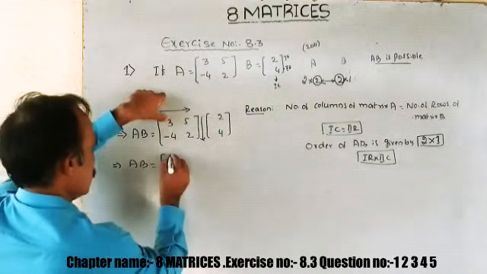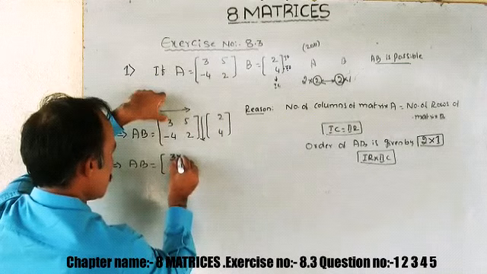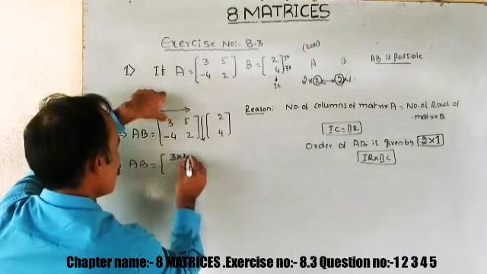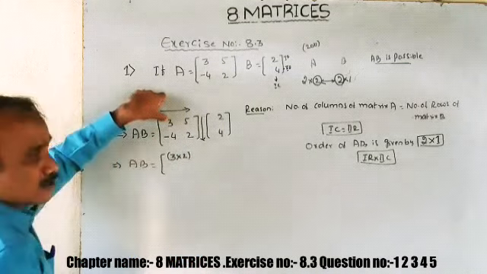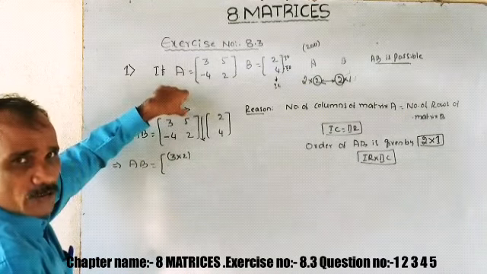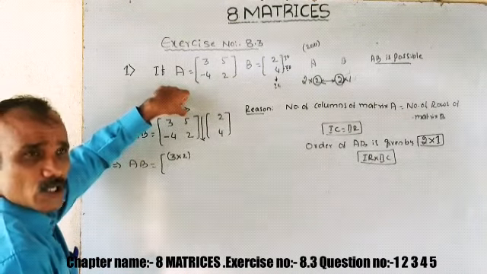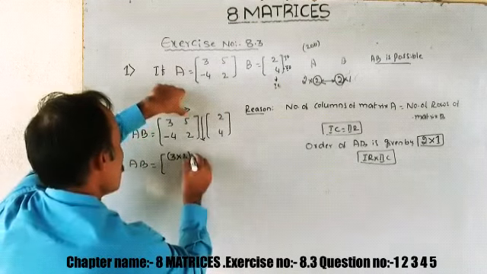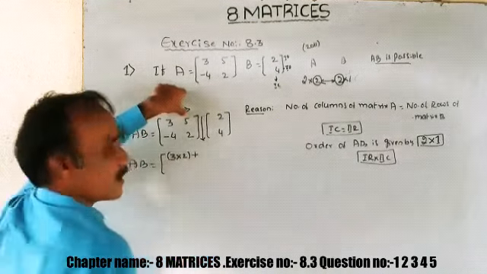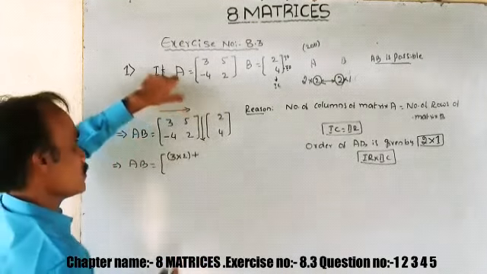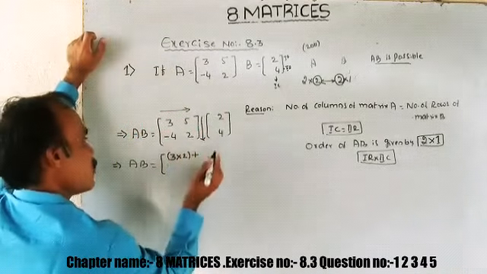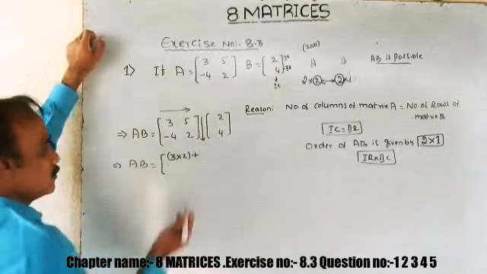Here 3 multiplied by 2. Still one more element remains in this row, so compulsorily write a plus sign. After the completion of first row, first column, write a comma.